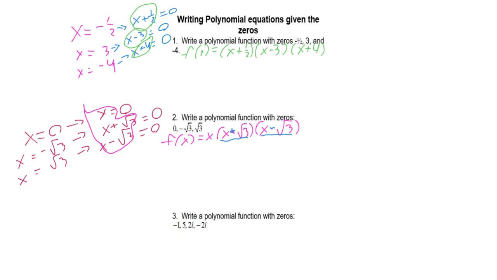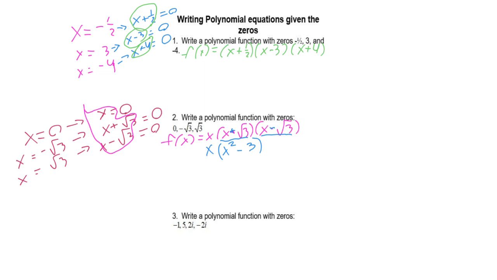So we only care about x times x, which is x squared, and the last part, positive square root of 3 times negative square root of 3, that's going to give us minus 3. Of course, we got the x out front.